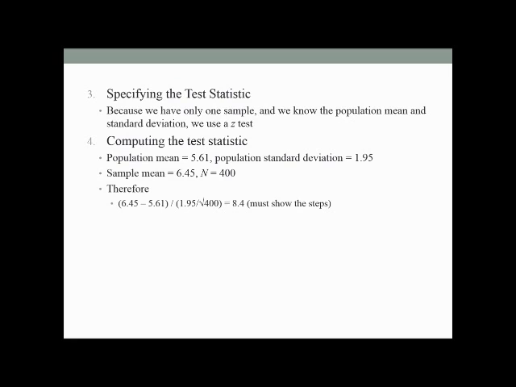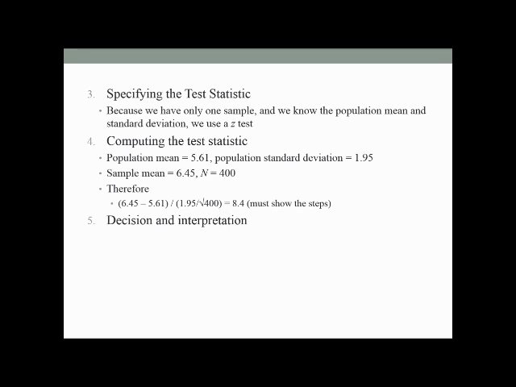Follow this formula, and we actually calculated it already. I didn't show the steps here, but when you do the report or in the exam, you must show all the steps, otherwise you get no points.